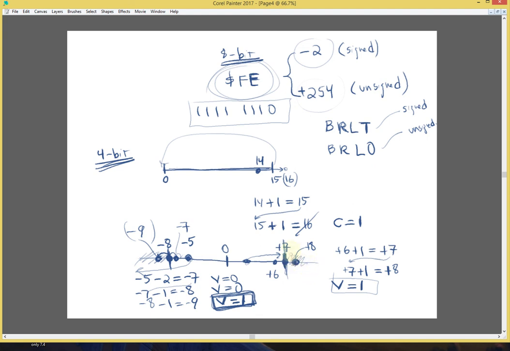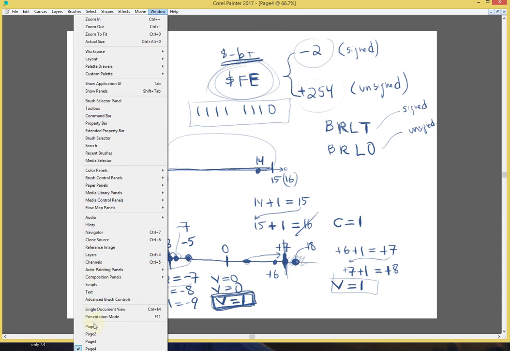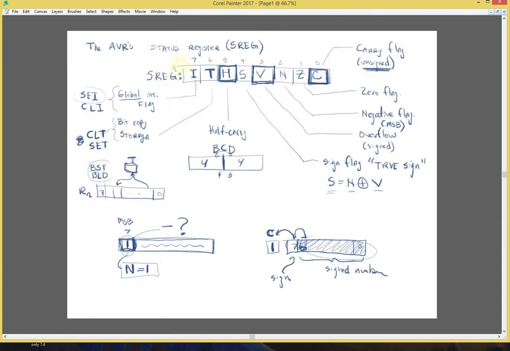Please remember that there are many instructions that you can use. You usually don't write to the SREG directly. There are actually special instructions that are provided to set the individual flags. I think the half carry flag has SEH to set the half carry and CLH to clear it.